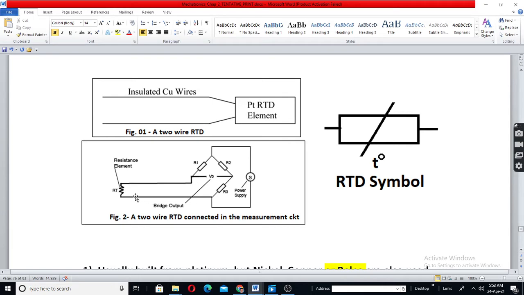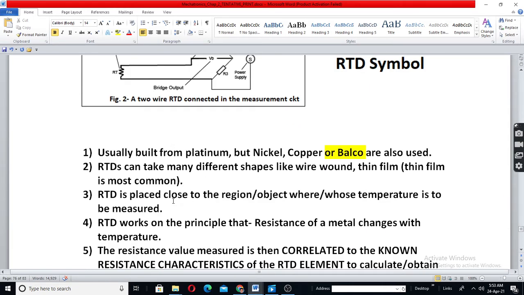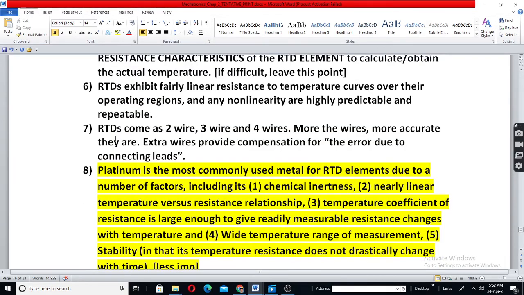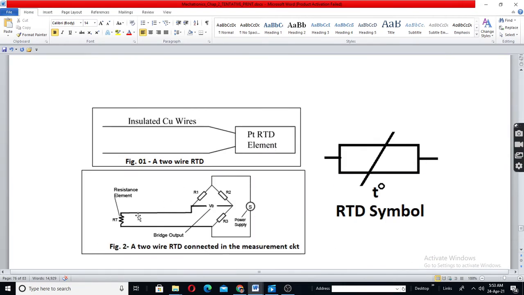Hence, to eliminate that error, extra wires are given to the RTDs. Extra one or two. The more wires, the more accurate. It reduces this error.